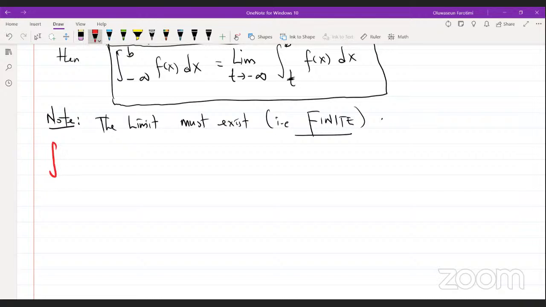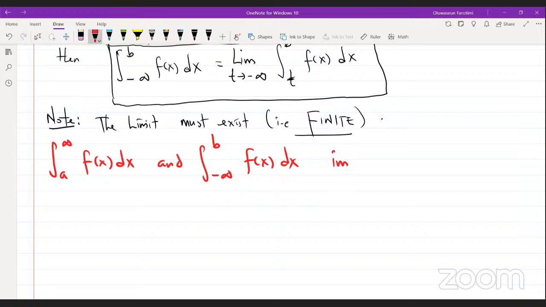If you have, let me write that in red, the integral from a to infinity of f of x dx, and the integral from negative infinity to b of f of x dx, these are improper integrals of type 1.